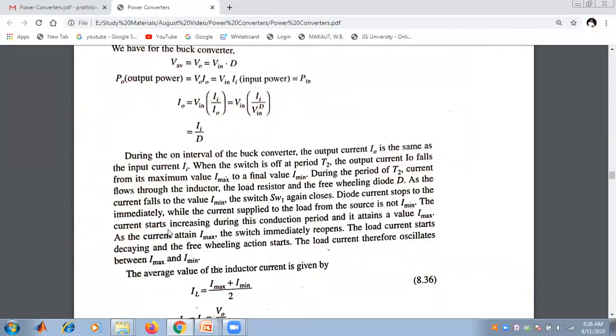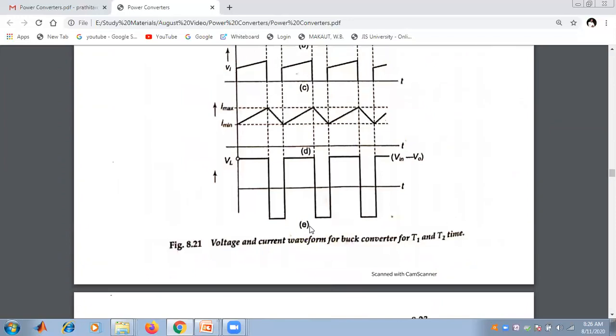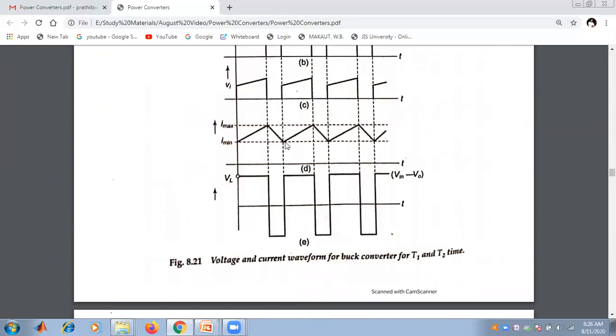The current starts increasing during this conduction period and again attains a value of I max. Again it follows the previous steps, from I min going to I max.